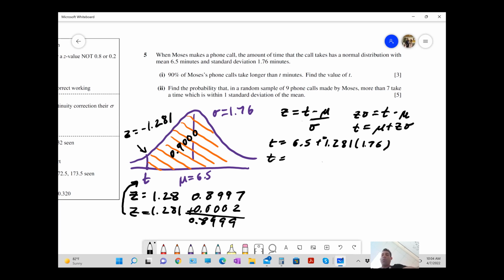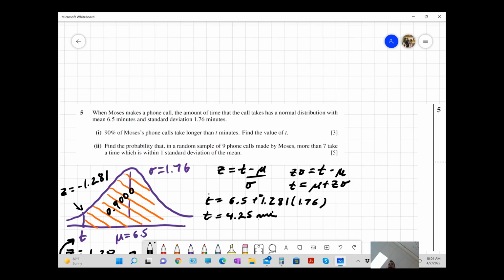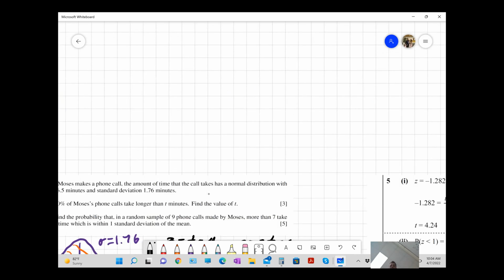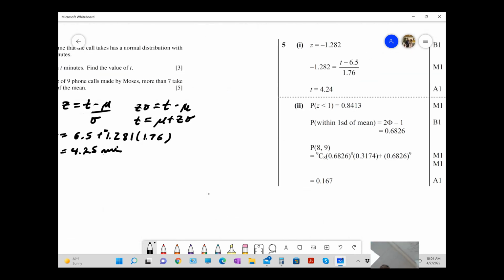And we have 4.25 minutes. Now, it's instructive to take a look at the answer for this here. They got 4.24.